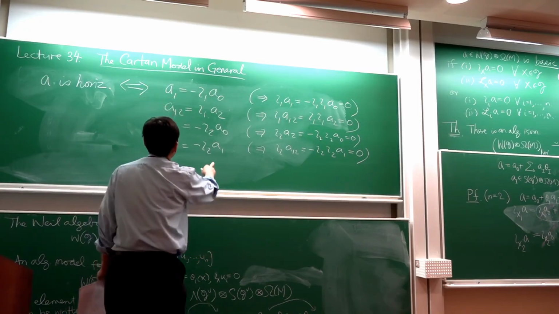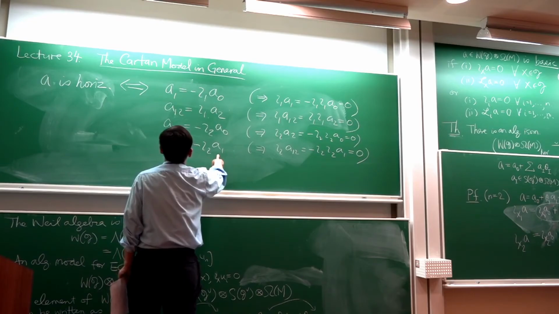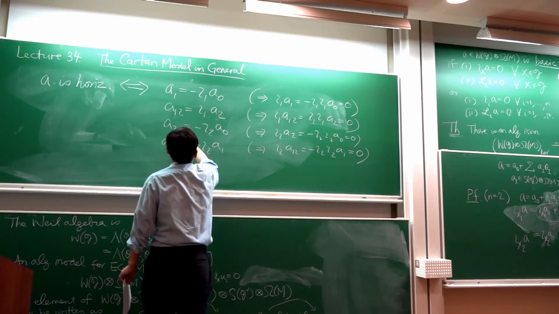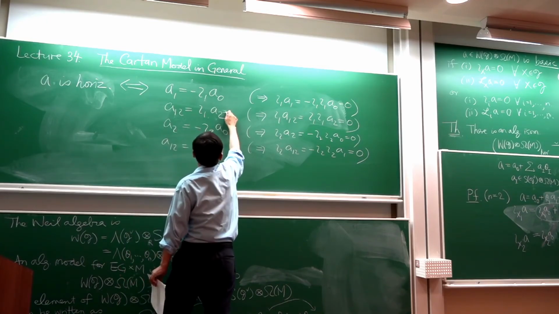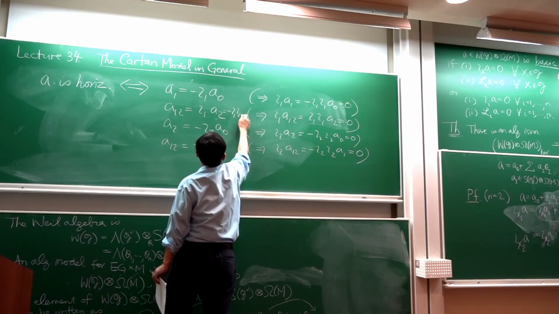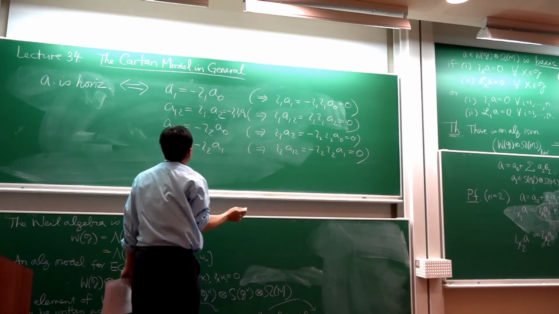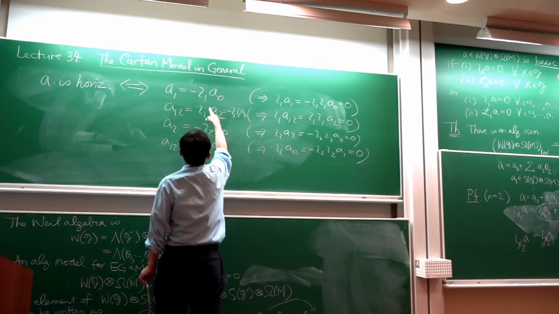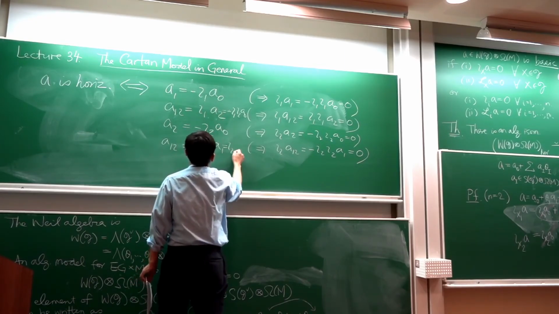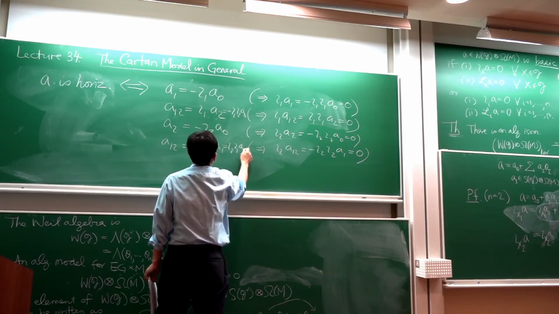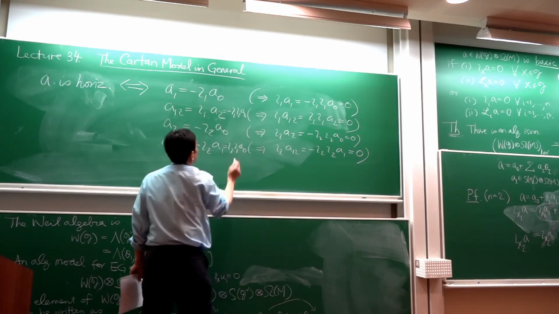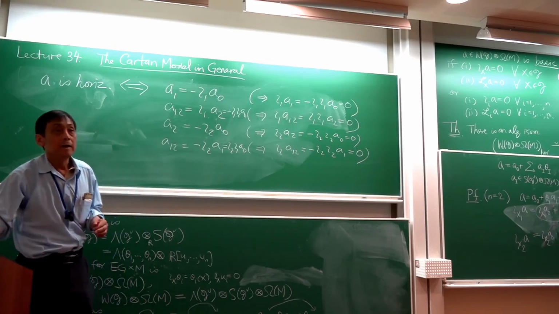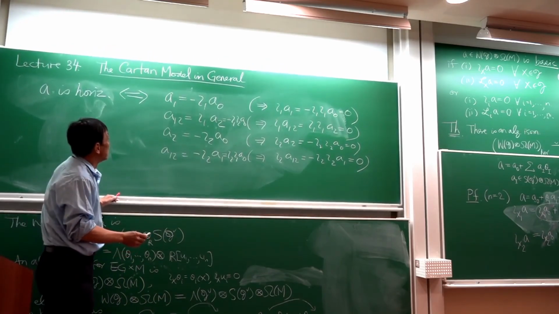Oh yeah, yeah. That's right. Because A2 is this, so this is minus I1 I2 A0. And this one is A1 is that, so this is I2 I1 A0. So these two conditions are the same. Yeah, so you can drop one of them.